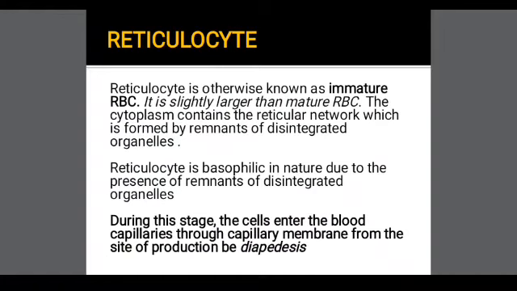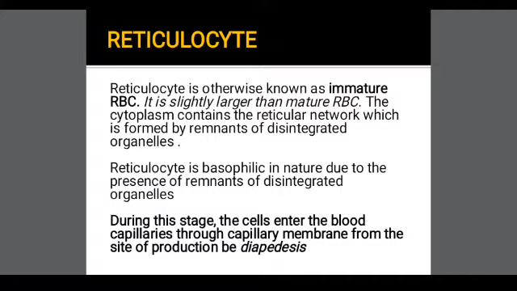Now, the reticulocyte is also known as the immature RBC. It's not matured yet. It is slightly larger than mature RBC. The cytoplasm contains the reticular network, which is formed by remnants of disintegrated organelles. Some organelles like the endoplasmic reticulum and the Golgi apparatus are degrading.